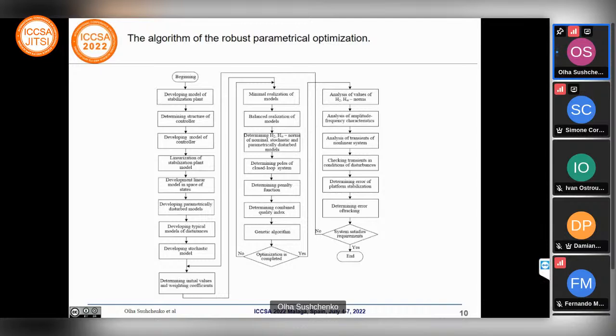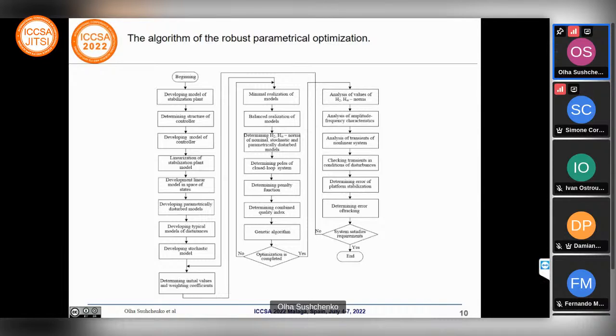The first part is development of different models: stabilization plant, controller, disturbances, disturbed models, and so on. Because our criterion requires using a very large quantity of models. Then the second column of this scheme shows the calculation procedure.